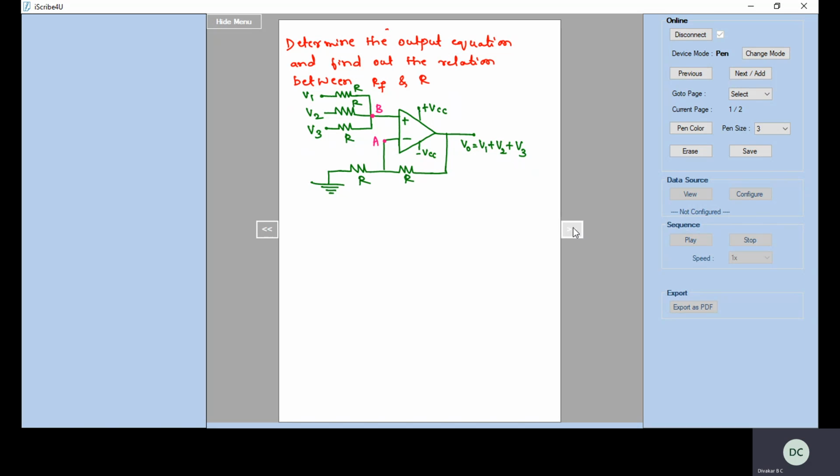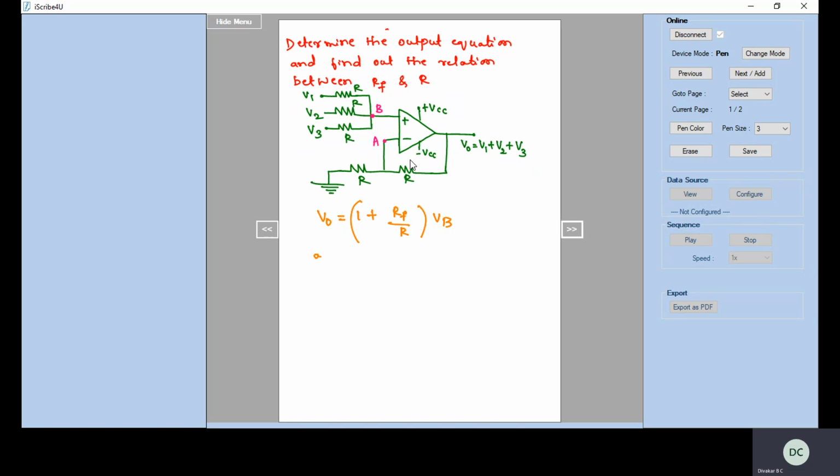Let us consider the voltage at point B. This is point B, and VB is the input voltage to the op amp. Under this condition, the circuit behaves like a non-inverting amplifier whose output voltage is V0 = (1 + RF/R) × VB.